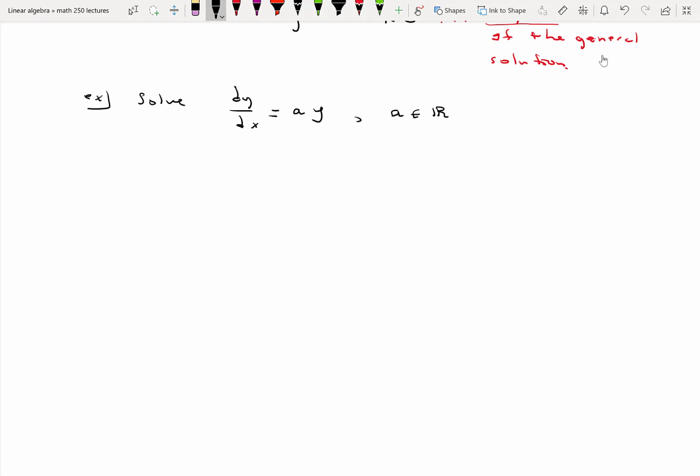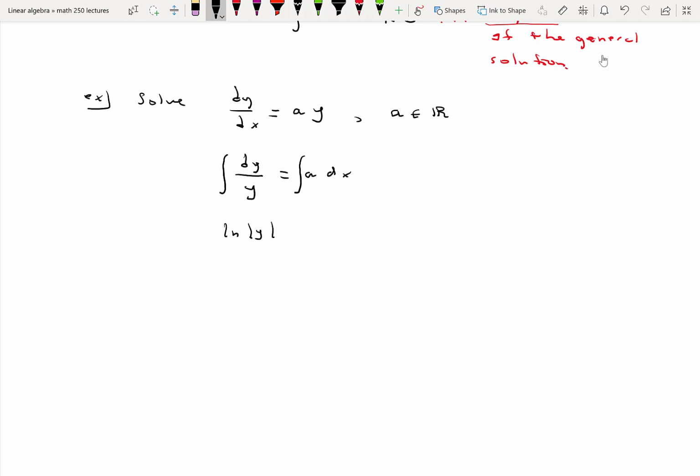Very little difference here. This is a differential equation that models exponential growth or decay. So was the last one, but this is more general with the constant a in it. So do the same thing. Separate the variables, integrate both sides.